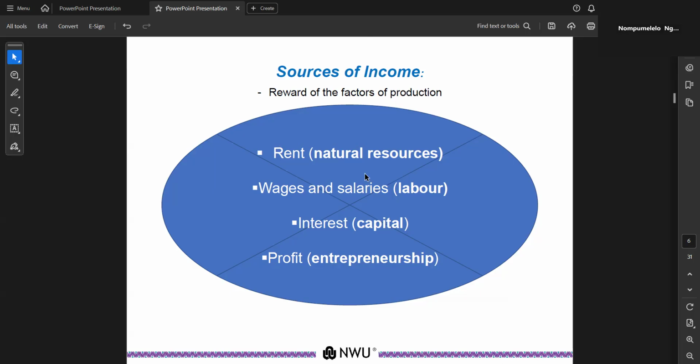So for land, it's rent, and then for labor, it's just people, it's us working, so we get salaries or wages. And then for capital, the machinery which is used in the production process, it gets interest. And then for entrepreneurship, those are the risk takers. They start a business with the aim of making a profit. So their reward is profit.